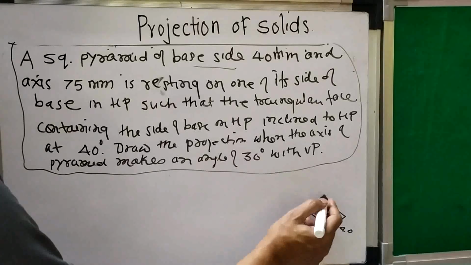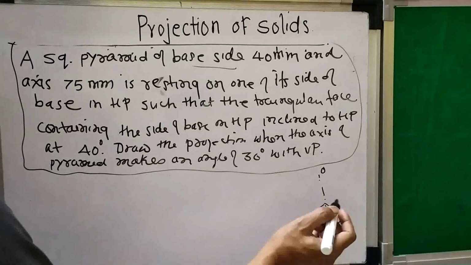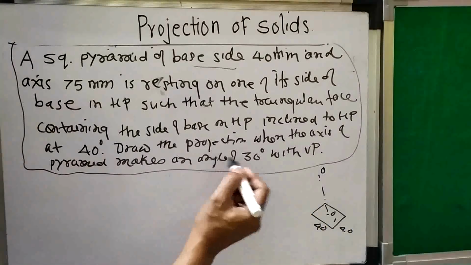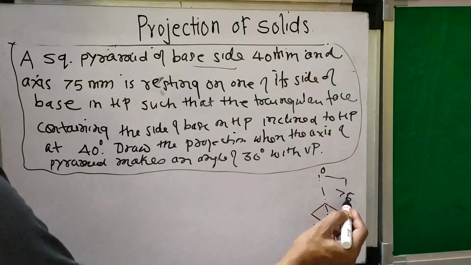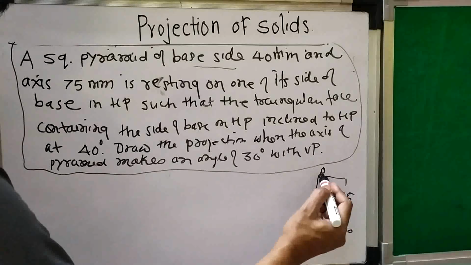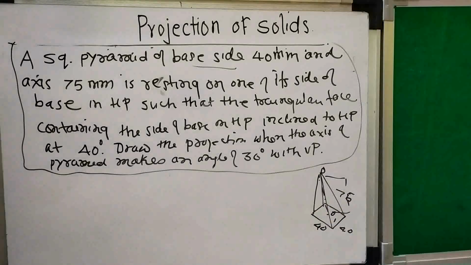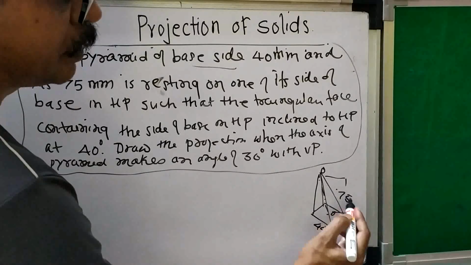This is the axis, O and O1. The axis height is given as 75. In this way you can create this square pyramid.